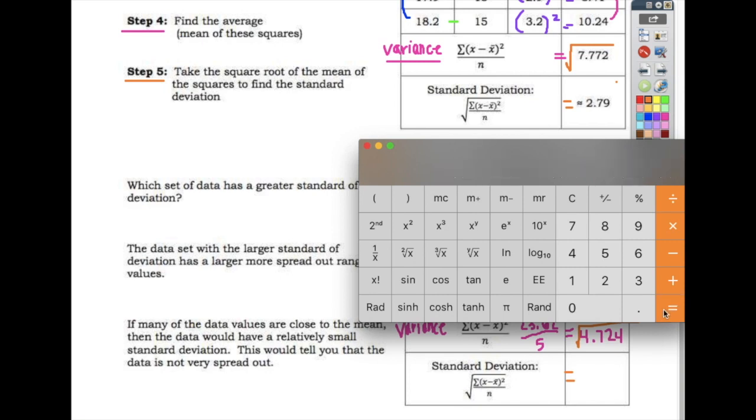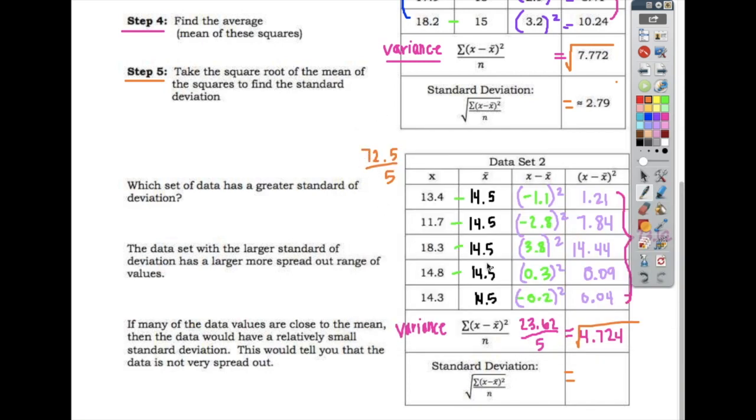So 2.17 approximately. And pay attention if a question asks you to round it to a certain number. Otherwise, we'll just go to the hundredths place.